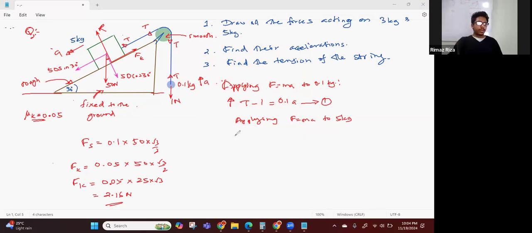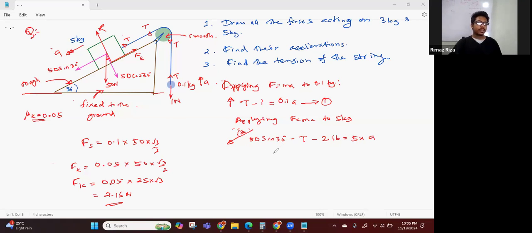Then I can apply F equals ma to the 5 kilogram mass in this direction. So downward we have 50 sin 30 minus the tension T minus the friction 2.16 Newton is equal to mass 5 into acceleration a.